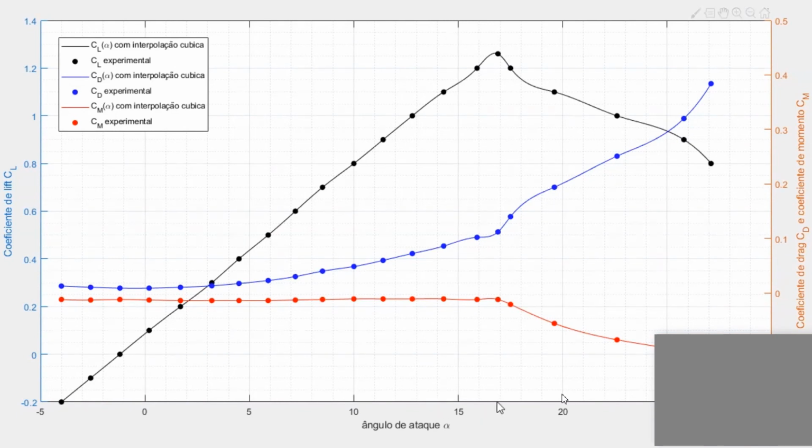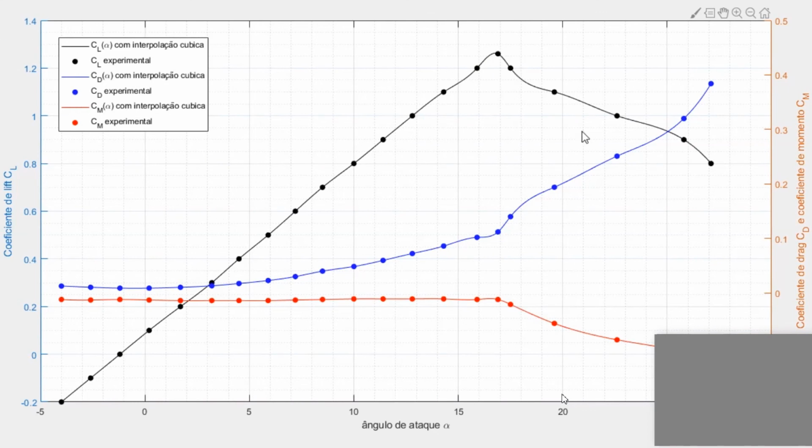It must be smooth. Lift coefficient must be bigger, drag coefficient must be a bit smaller, momentum coefficient too. I think something is a bit strange, but it looks nice. The scale of the right axis with CD and CM is smaller, so the value here is 0.4, while the value here is 1.4. Yeah.